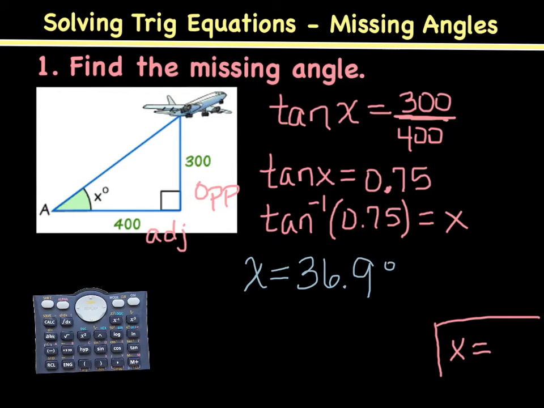I rounded to the nearest tenth. It was 36.8698976, whatever, it kept going. Anyways, I'm going to round to the nearest tenth and get my answer. So this angle right here would be 36.9 degrees. See, that's not too bad. Let me go ahead and write my answer in there. 36.9 degrees.